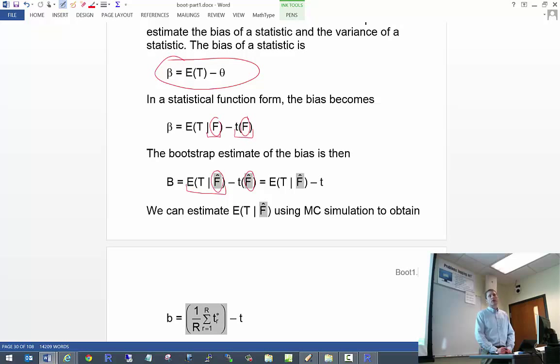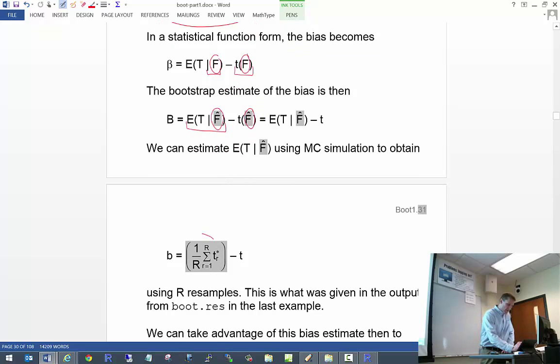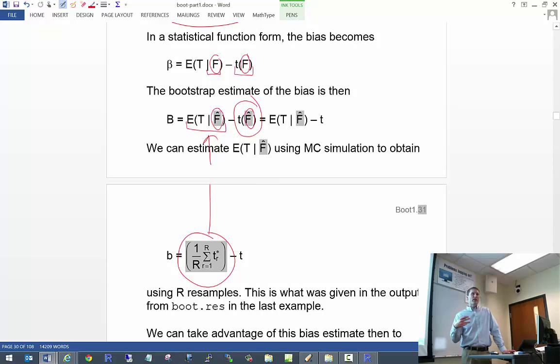Usually, we will use Monte Carlo simulation to make that calculation. So, this is what we have: just the average of the T stars for all capital R resamples. This T of F hat here basically says, okay, now use your sample with this mathematical algorithm that you have to calculate what you were doing before with the parameter.